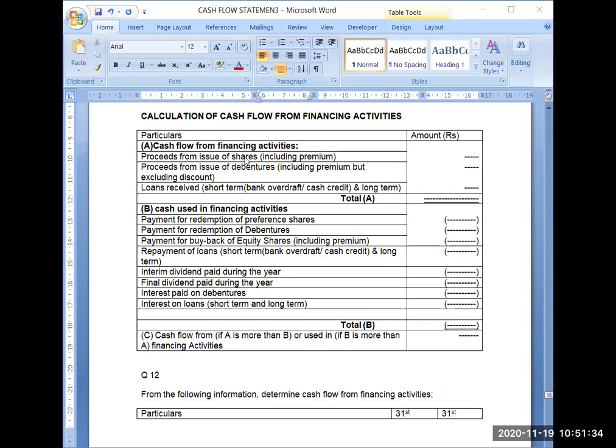If you are issuing shares, obviously you will be getting money, or you will be getting some asset. So obviously that will result in a change in your cash and cash equivalents. If you are issuing any debentures, and either you are collecting any premium on these shares or debentures, then this will also result in inflow.